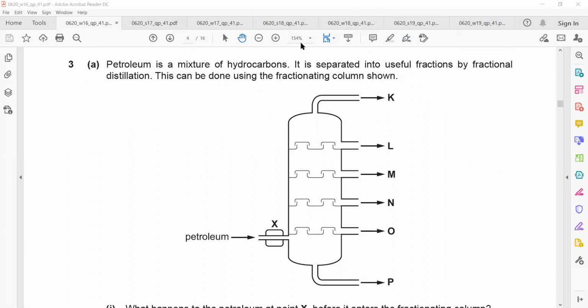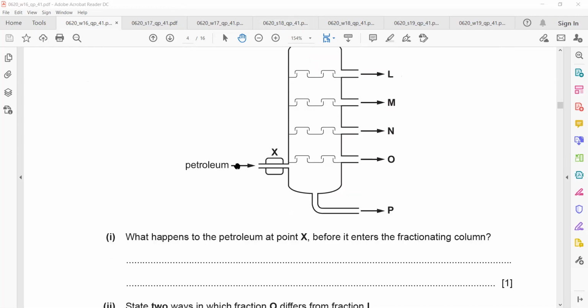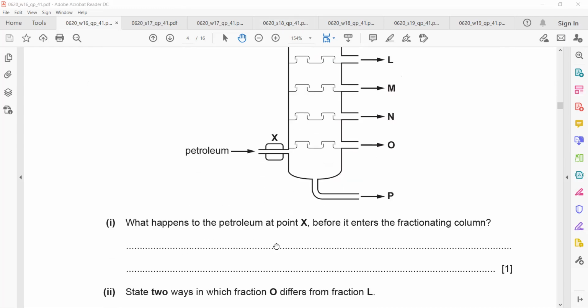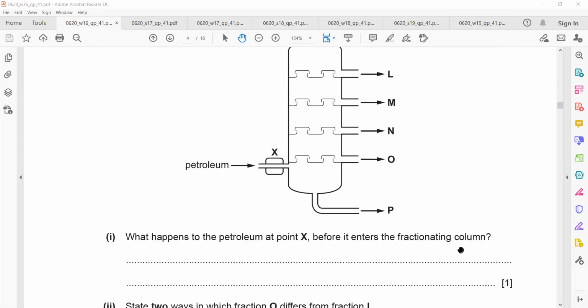Petroleum is a mixture of hydrocarbons. It can be separated into useful fractions by fractional distillation. This can be done using the fractionating column shown. What happened to petroleum at X before it entered the fractionating column? Before adding it to the fractionating column, what happened to petroleum?